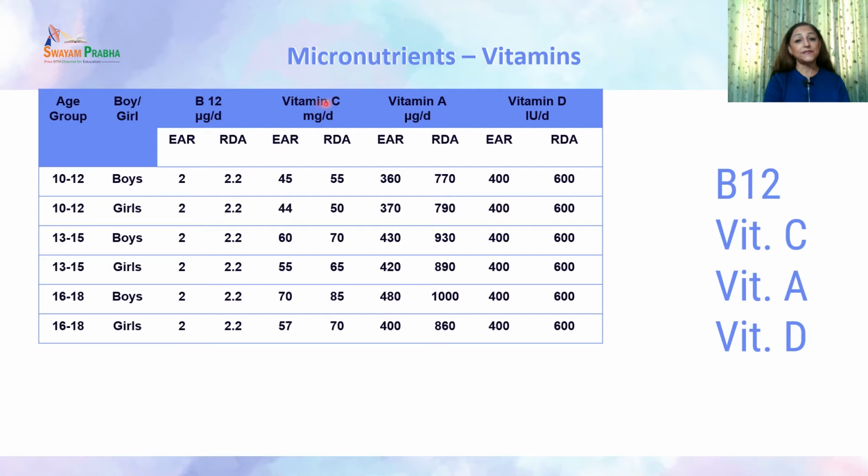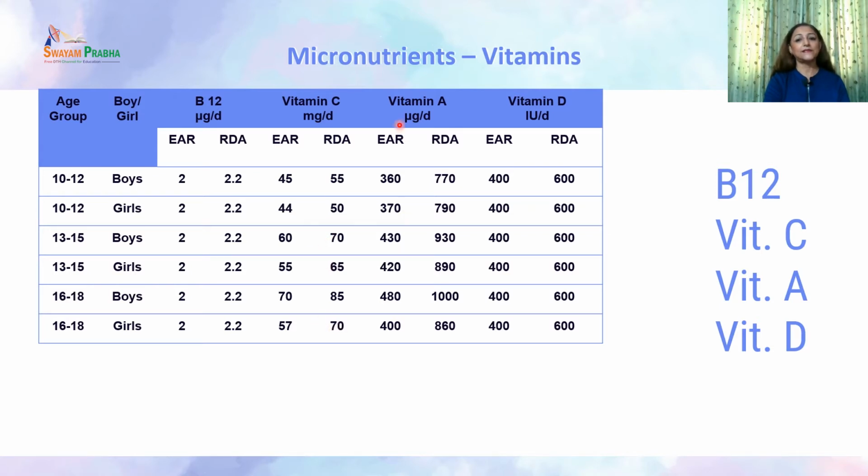And for vitamin C, between 10 to 18 years, it is ranging from 45 and 60 and 70 milligrams for boys, and for girls it is 44 and then 55 and 57 milligrams as an estimated average requirement. And an RDA, when we add safety margin, it is 55, 70 and 85 milligrams for boys, and 50, 65 and 70 milligrams for girls.